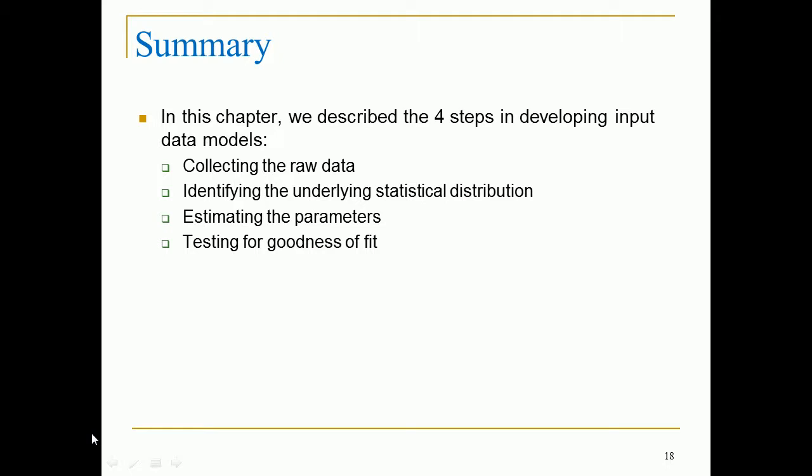The next thing we're going to do is show you how to use input modeling software, to see how the concepts we learned in class can be used when you have a complete set of data points, and how you can select the best distribution based on the information provided by the software.